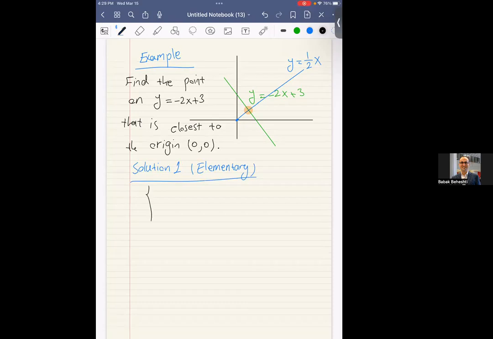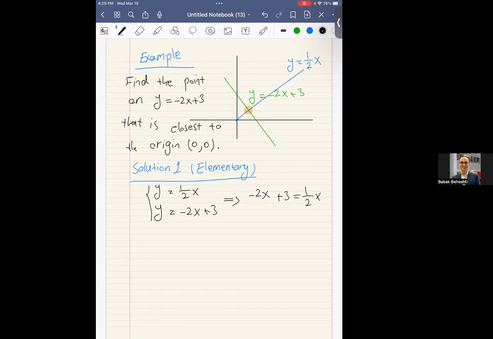So you have two lines. One is y equals 1/2 x. The other one is y equals minus 2x plus 3. You want to find the point of intersection, so I have to solve this equation: minus 2x plus 3 must be equal to 1/2 x.